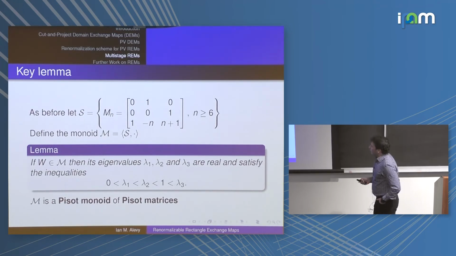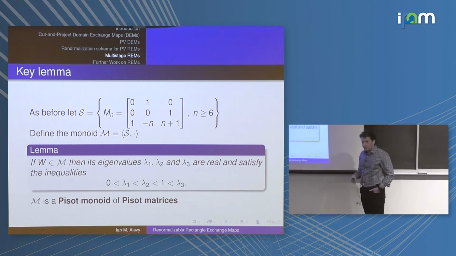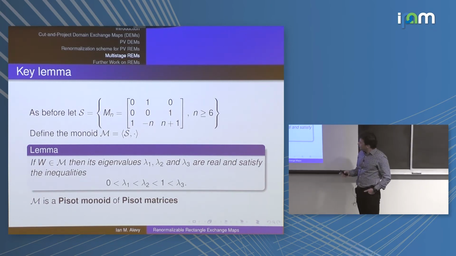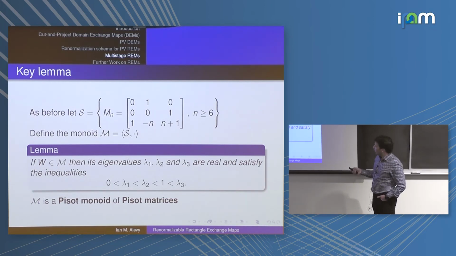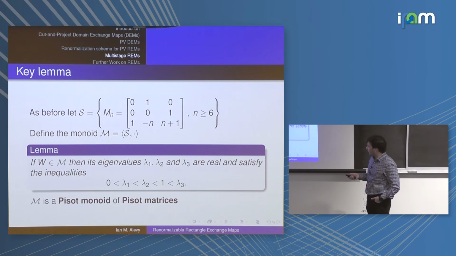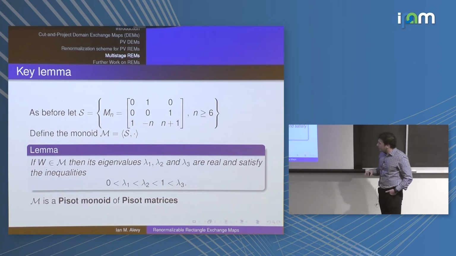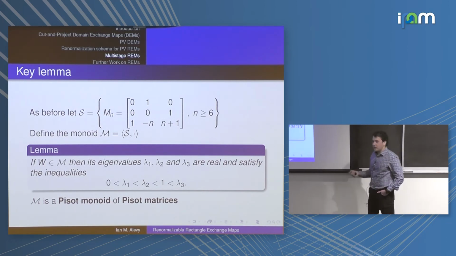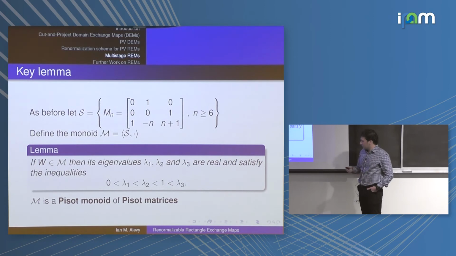And the key lemma that we need to build these REMs is to expand our set of matrices. So before, we just looked at the set of Mn, where n was at least 6. But now we look at the monoid of matrices generated by S under matrix multiplication. We'll call that M. And it turns out that for any matrix in this monoid, its leading eigenvalue is a PV number.